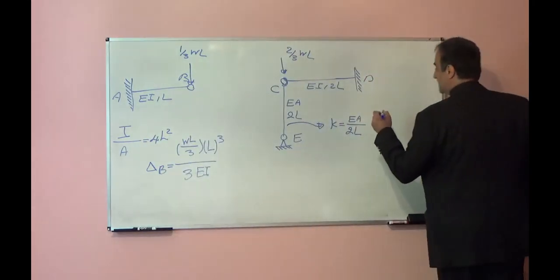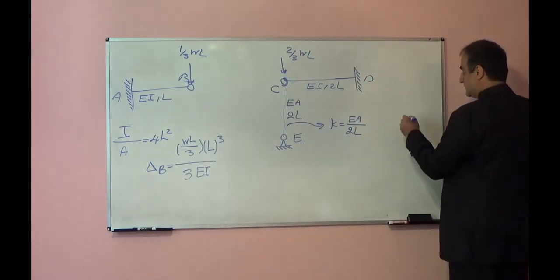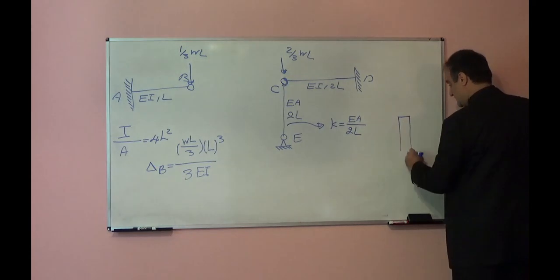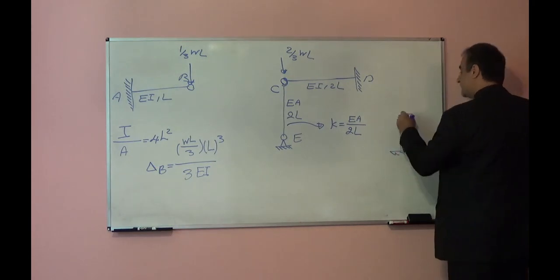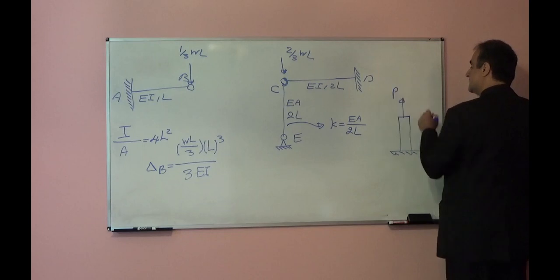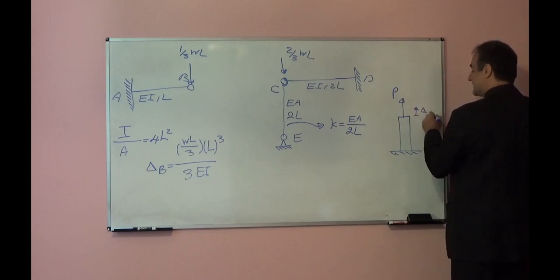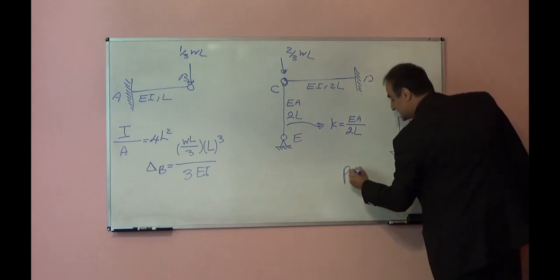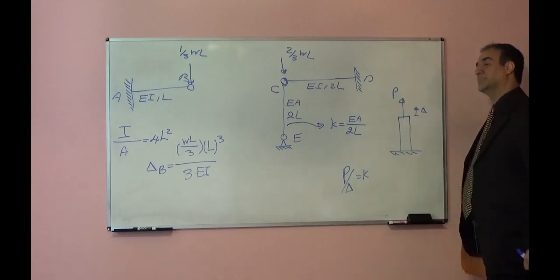If, for example, we apply force P here and we find deformation, deformation is delta. P force divided by deformation will give us the stiffness for the member.